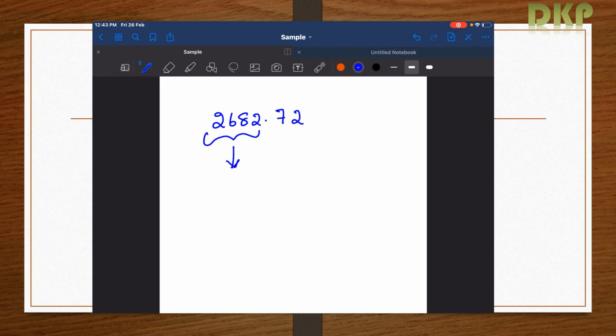This is called the integral part, and the digits on the right side of the decimal is called the fractional part. This is the fractional part, integral part and fractional part.